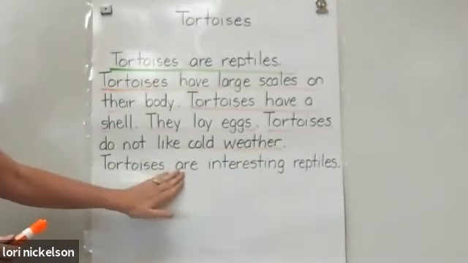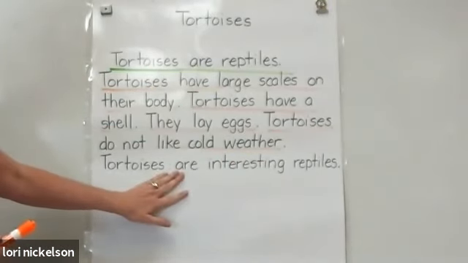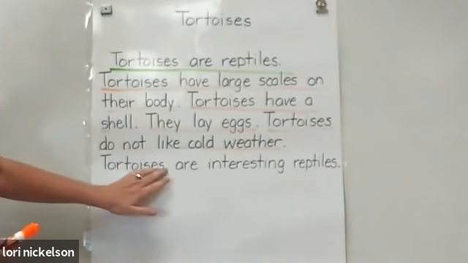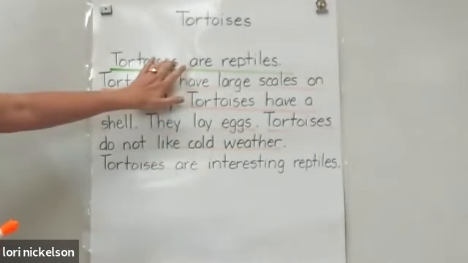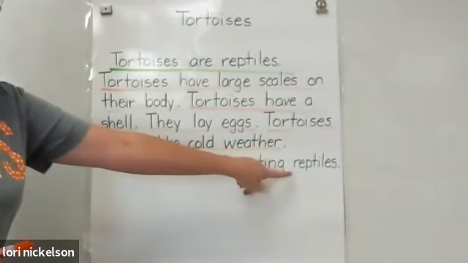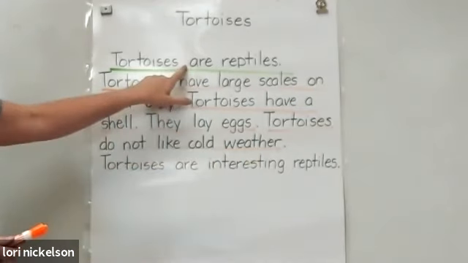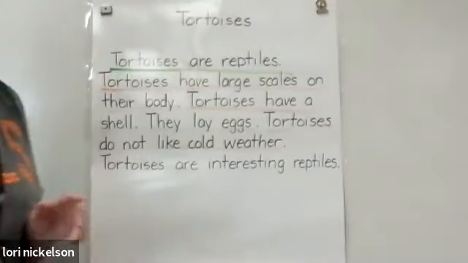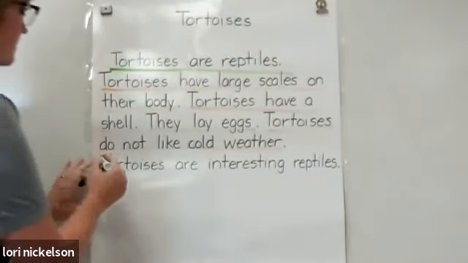Now this sentence down here is called what? The last sentence. It's called a conclusion. It ties together the topic sentence. So it says tortoises are interesting reptiles. Does that restate that tortoises are reptiles? It sure does. So we're going to use our dark green marker because that's what we mark our conclusion with.